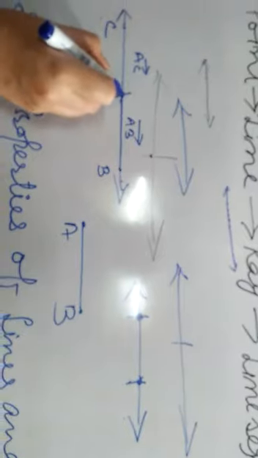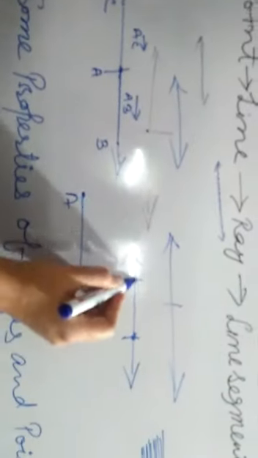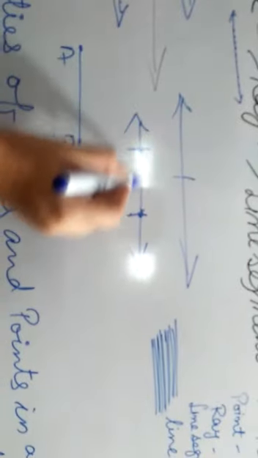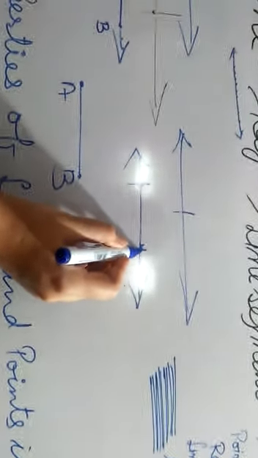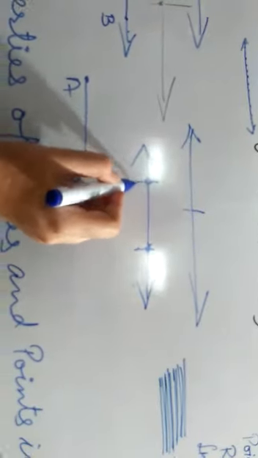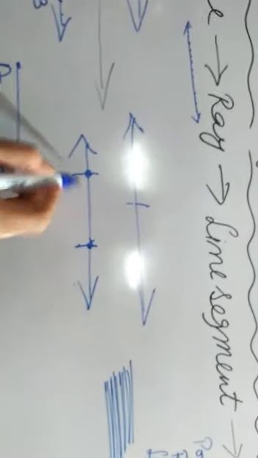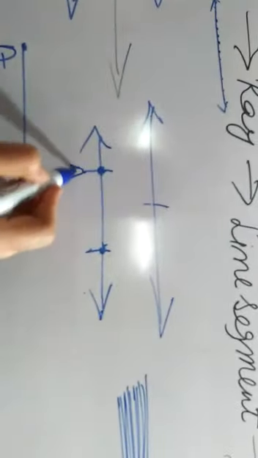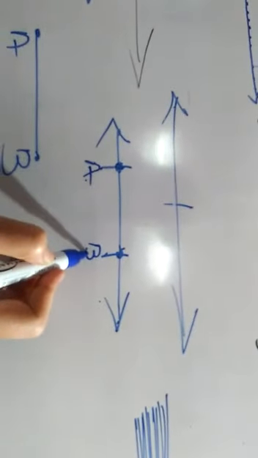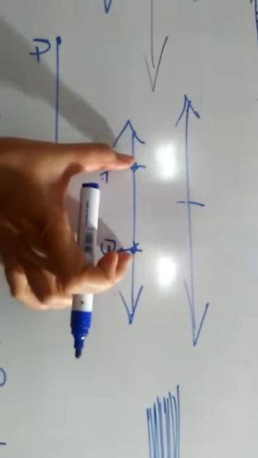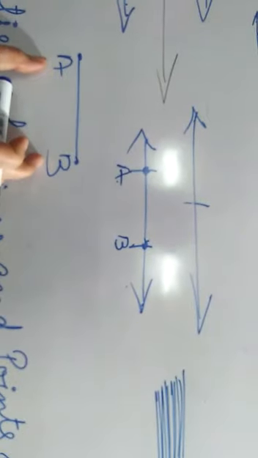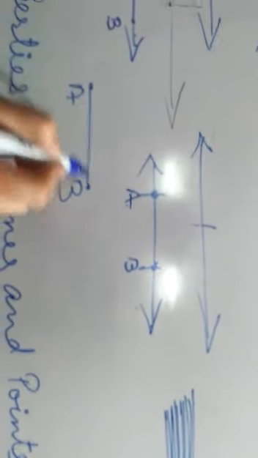Then we had done line segment. For line segment, let this be a line, and here you have taken any 2 points on a line. So line segment is a part of a line. On a line you have taken any 2 points A and B. Now see, what is this AB? This part we have taken. 2 endpoints are there.